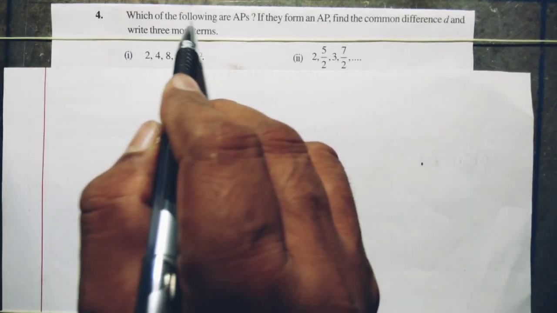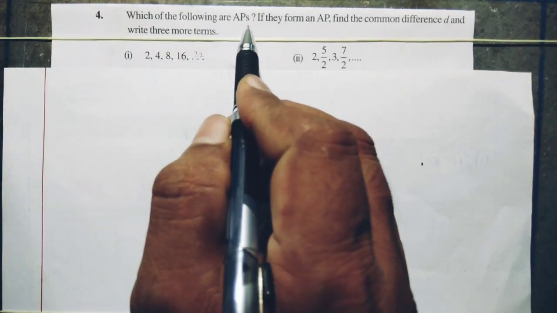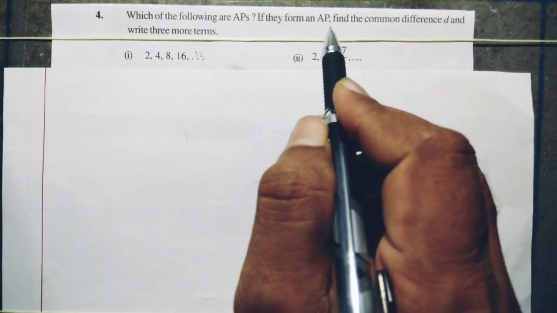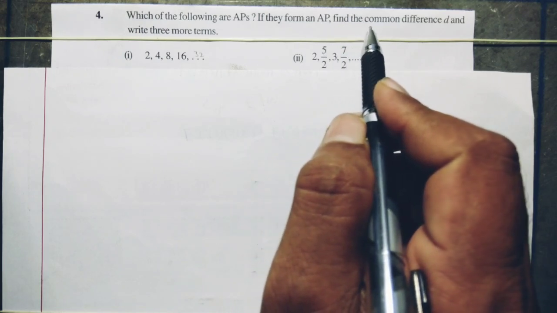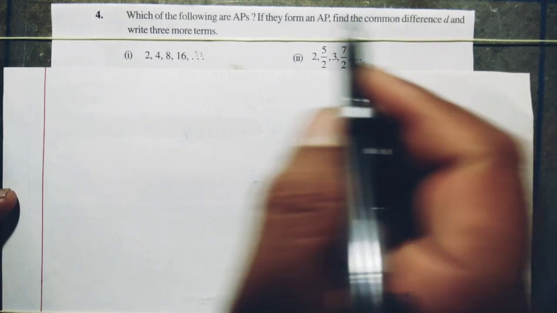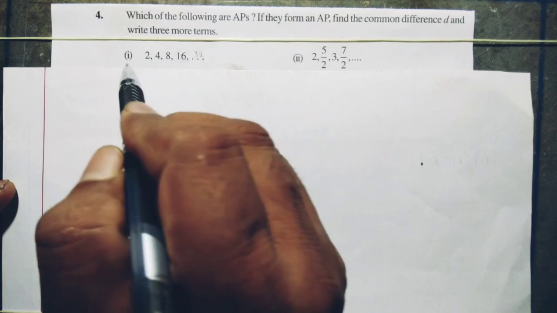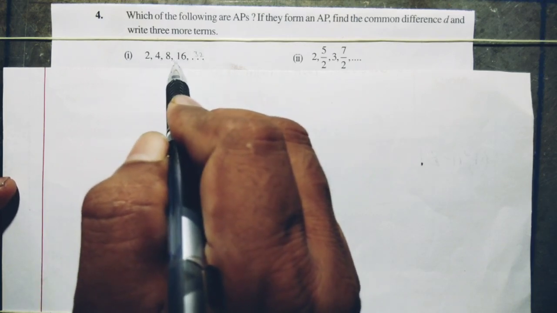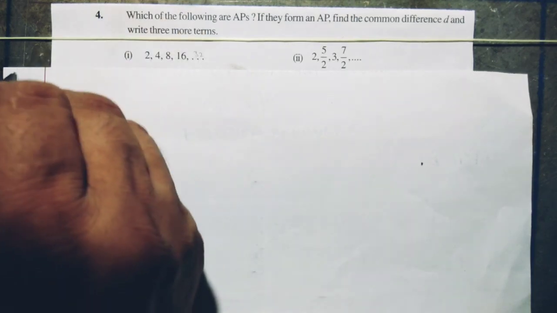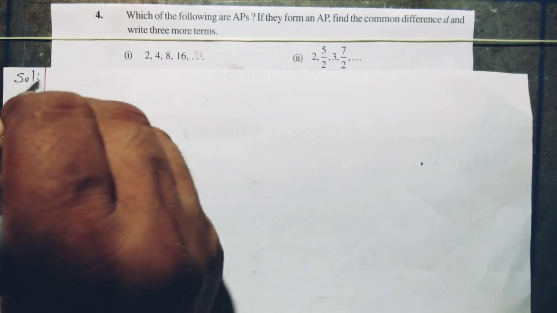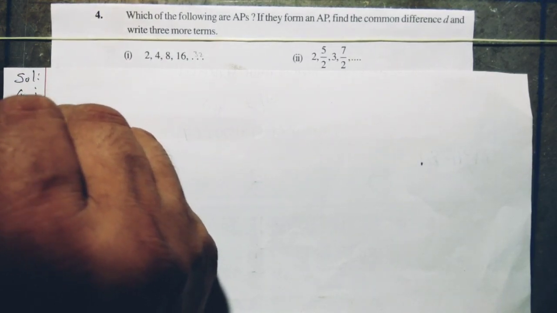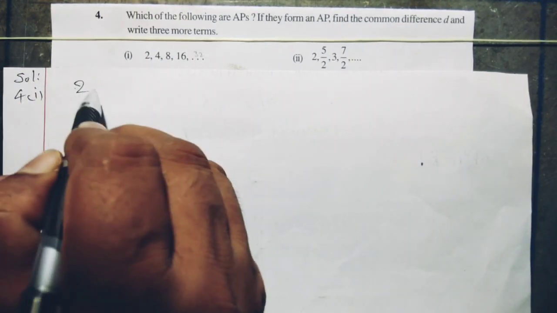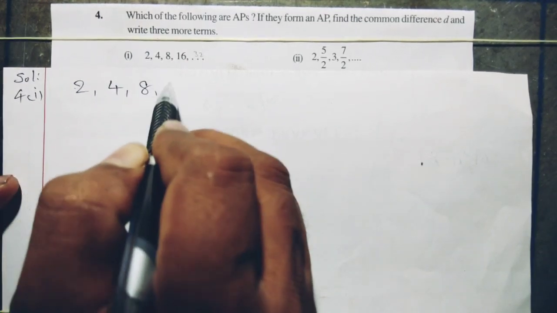Fourth bit: which of the following are APs? If they form an AP, find the common difference D and write 3 more terms. First problem: 2, 4, 8, 16 and so on. Solution for fourth bit, first problem. Given 2, 4, 8, 16.